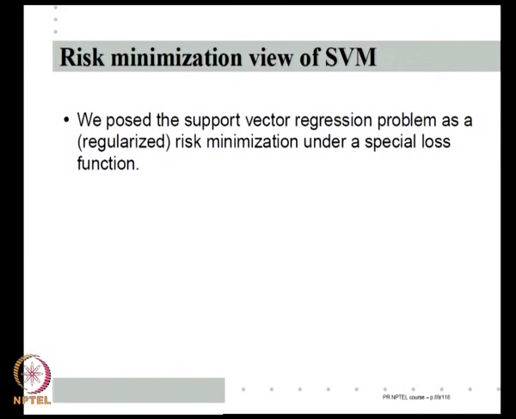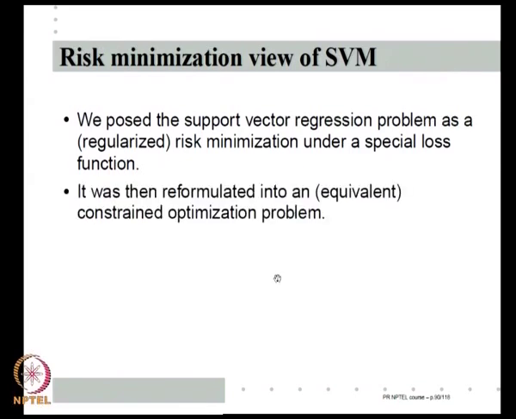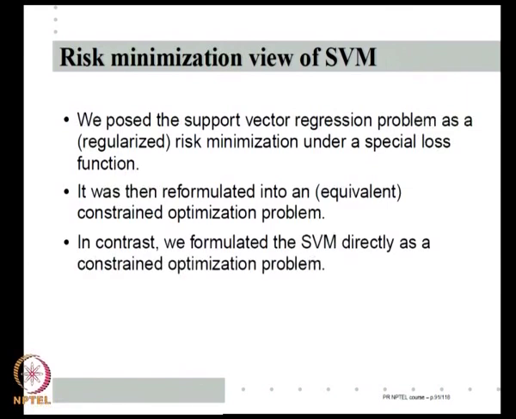Now, we will look at one more issue with SVMs. We posed the support vector regression problem as a risk minimization under a special loss function, namely the epsilon insensitive loss function, and then reformulated it as an equivalent constrained optimization problem. For the support vector machine, namely the classification problem, we directly posed the optimal hyperplane problem as a constrained optimization problem.